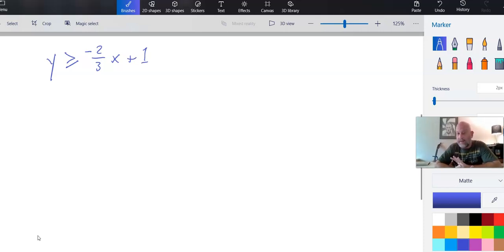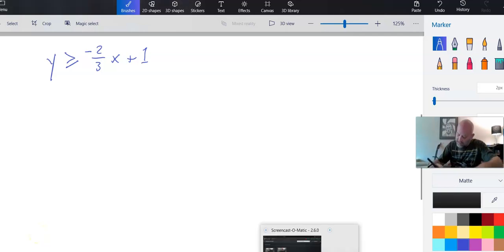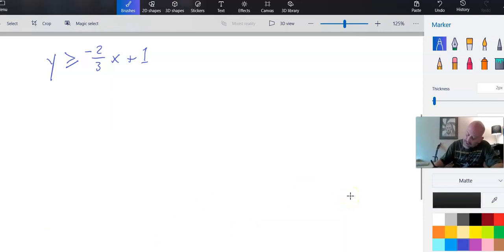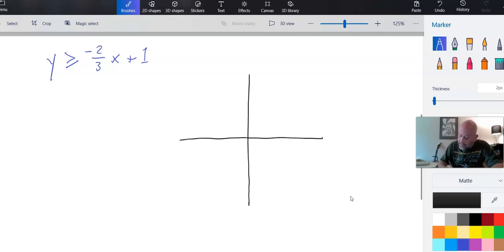Well, we are going to need a coordinate grid, and it's the same coordinate grid we use to graph regular lines as well. So let's get that started.